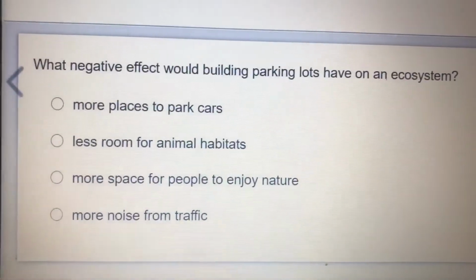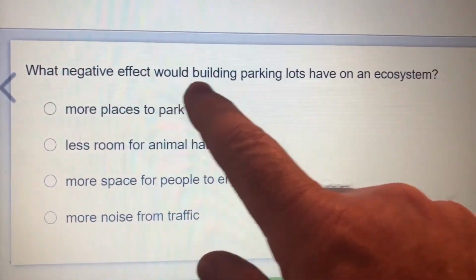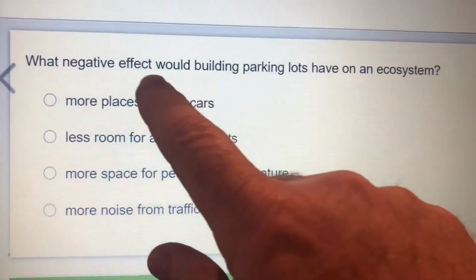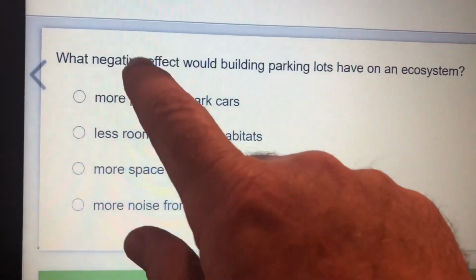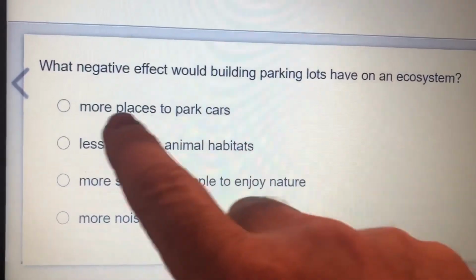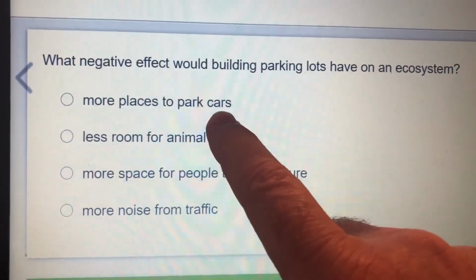Let's do one more question, okay? So what negative effect would building parking lots have on an ecosystem? So negative, okay? What would be bad if we built a parking lot? Okay, so let's see. More places to park cars. Well, that's good.